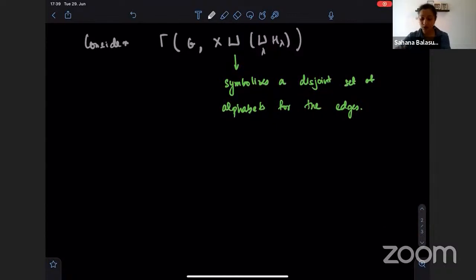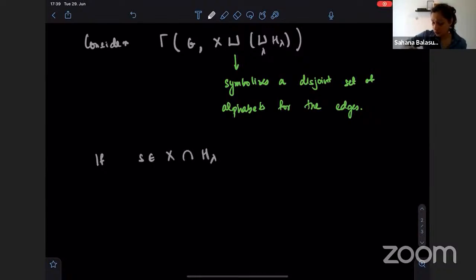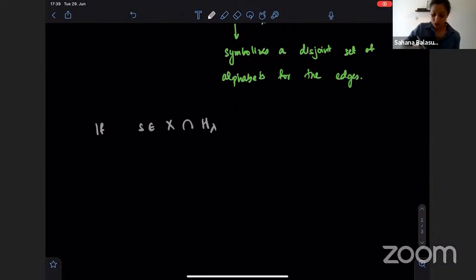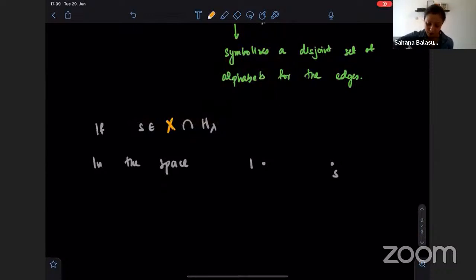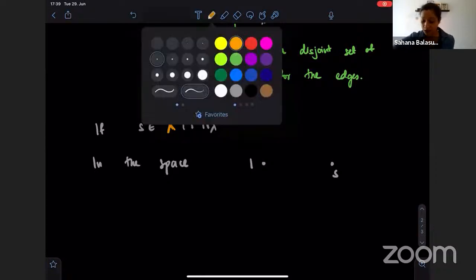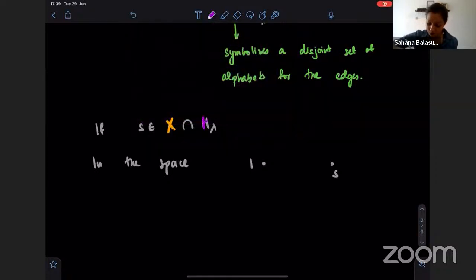And in this space, what am I going to do? If I have an element S that belongs to, say, X, and it also belongs to H lambda, then in the space, I do the following. I have the identity and I have S. And let's assume that I specify that the orange color denotes all the elements of X and the purple denotes all of the elements of H lambda.